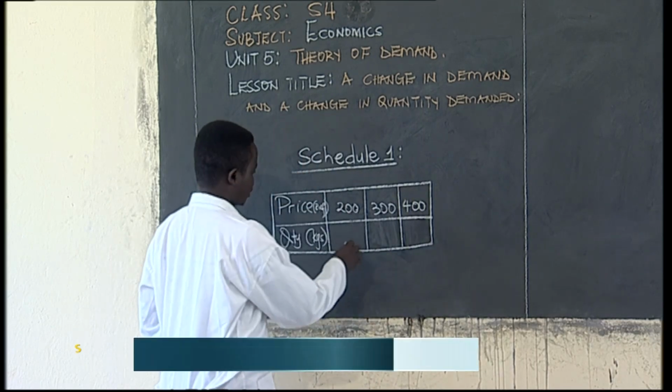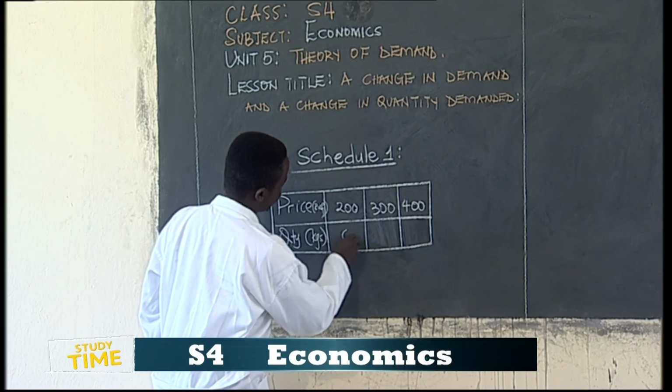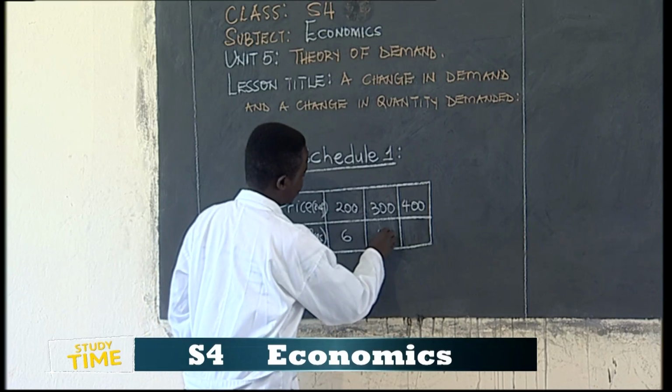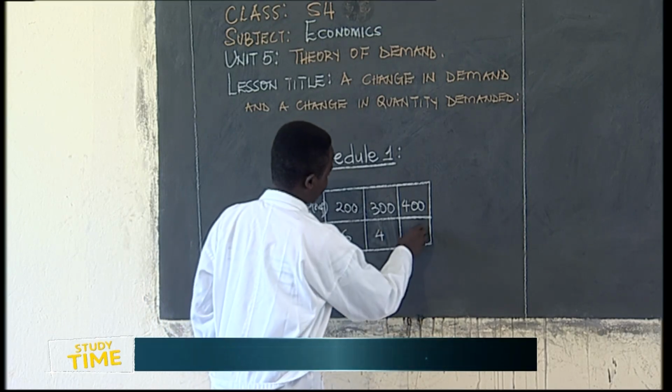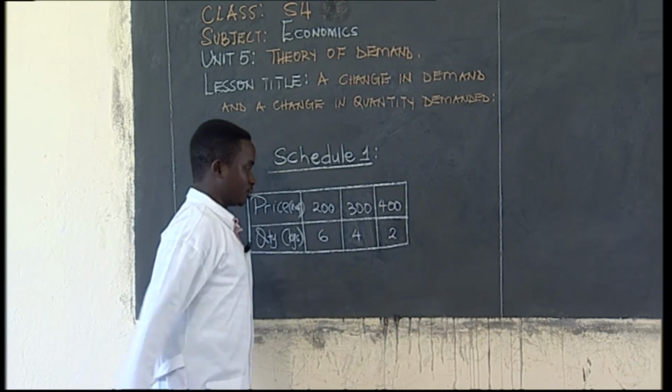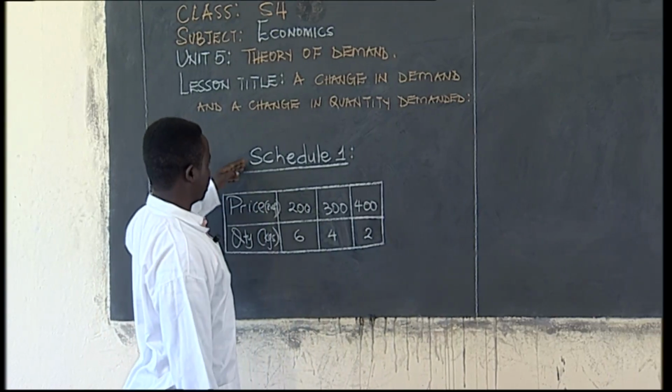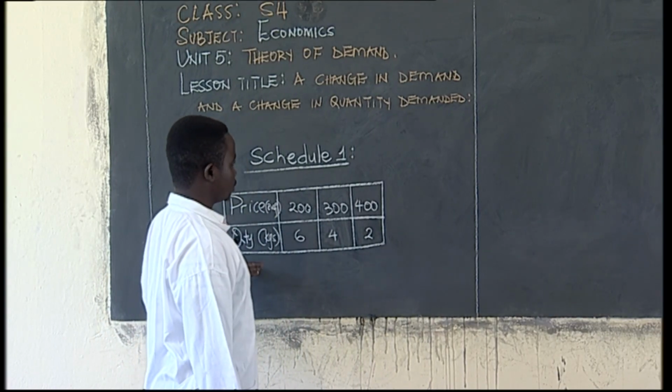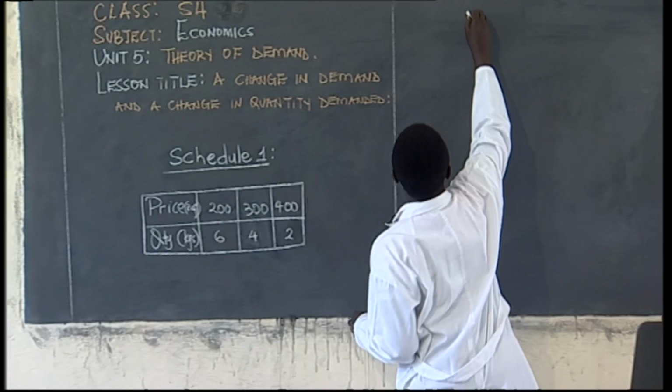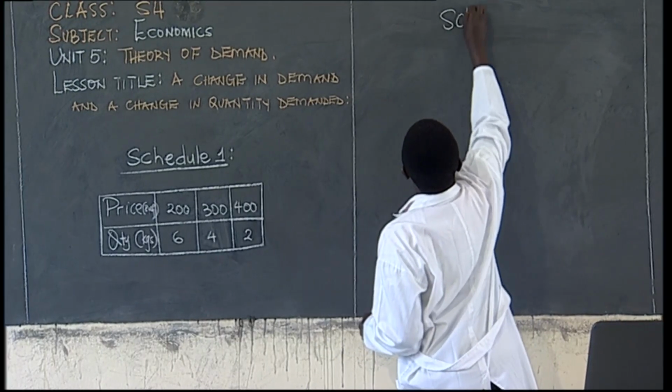Then on this, our quantity demanded here, maybe we have 6. Here we have maybe 4. Then here we have maybe 2 kilograms.